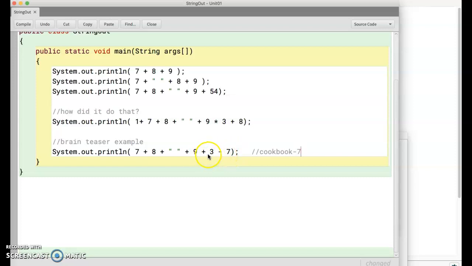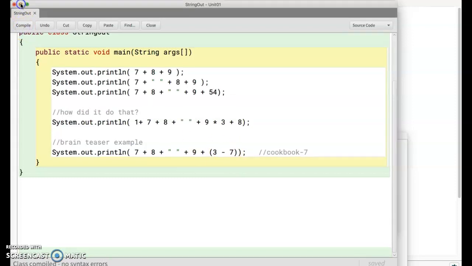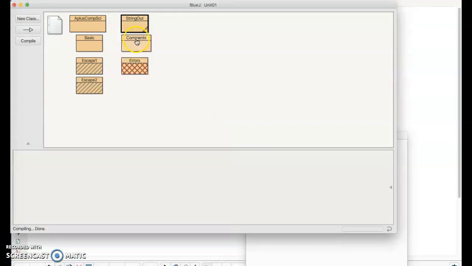How would we do the math here then? Well, it depends on what math you want to do. Let's say I just want to do the math here. What we do is we put parentheses around it. And the moment we put parentheses around it, order of operations says everything done in parentheses happens first.